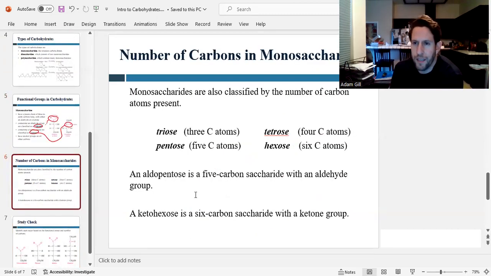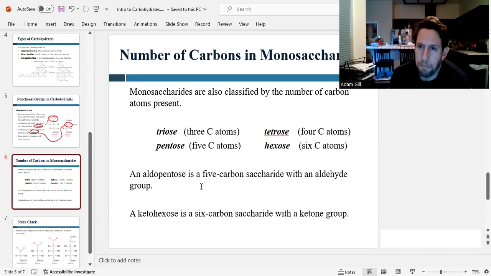Now, we can name sugars based on the number of carbons. Sugars usually have the ending -ose. And so if they have 3 carbons, we would call it a triose. 4 carbons, we call it a tetrose. 5 carbons is a pentose. 6 carbons is a hexose, so on and so forth.